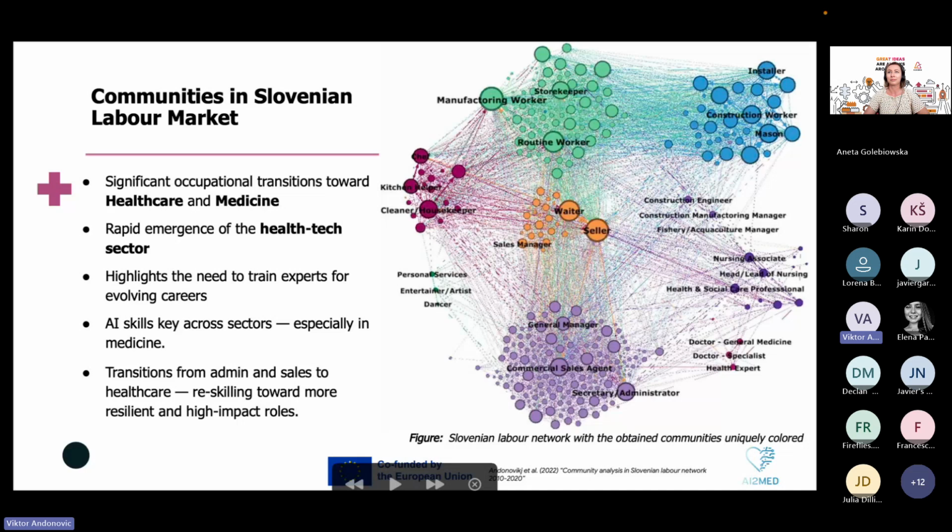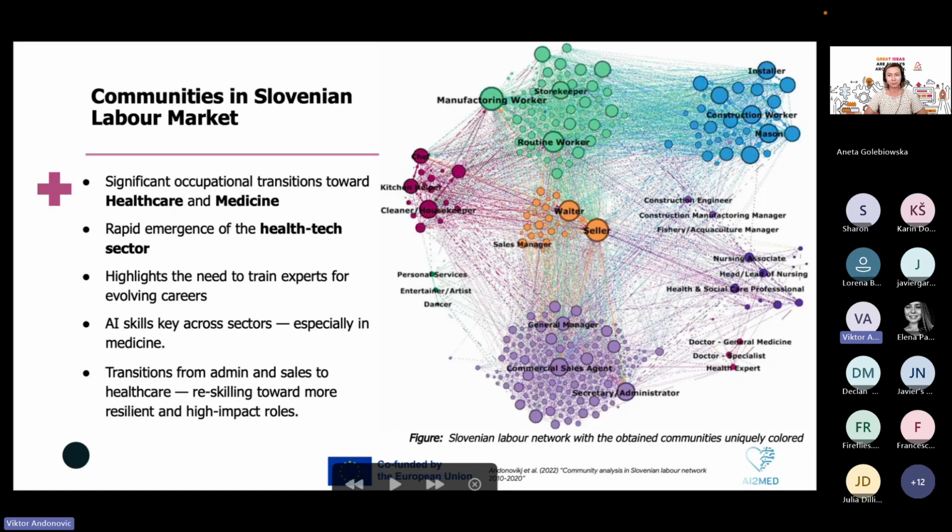We wanted to algorithmically obtain the communities present in the labor market, using state-of-the-art algorithms from graph theory. Here, a community means a set of occupations which are densely connected between each other and more sparsely connected to the rest of the occupations in the labor market.